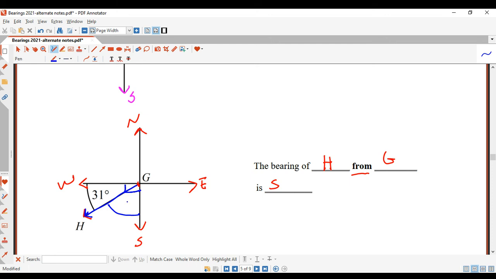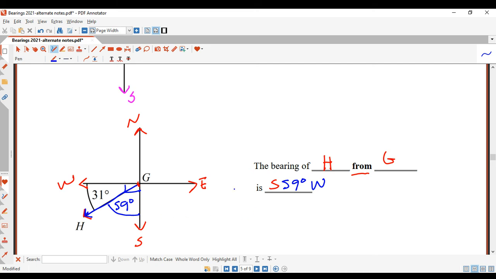We know this angle is 90. 90 take 31 is 59 degrees. So the direction of H from G is south, and then 59 degrees west. Now notice here I can write the angle without using 3 digits. So that's what's different about this method.